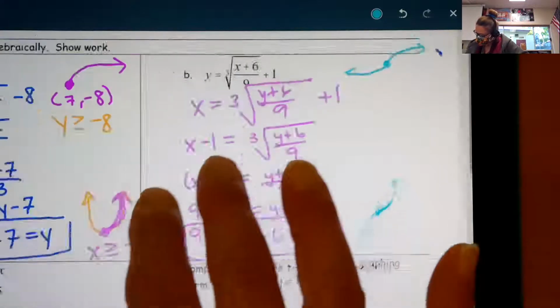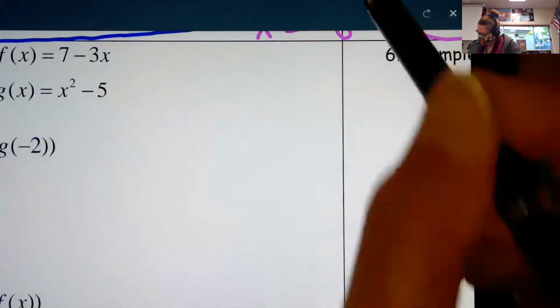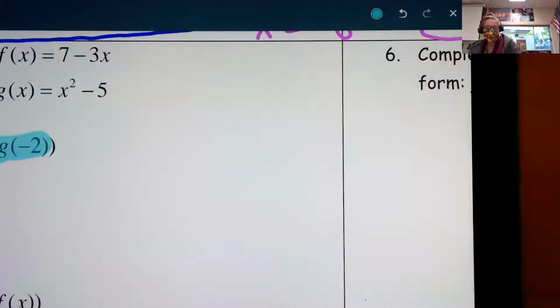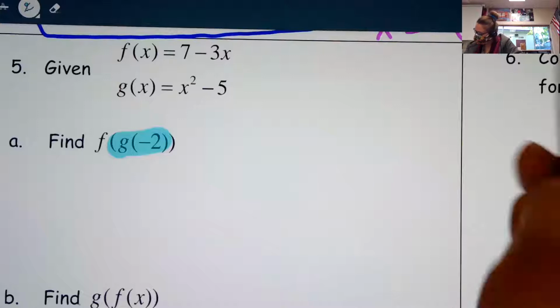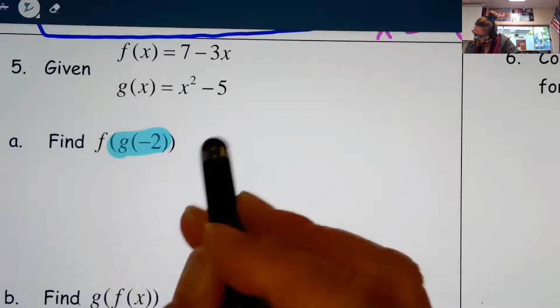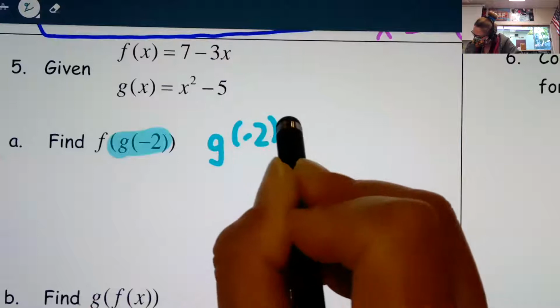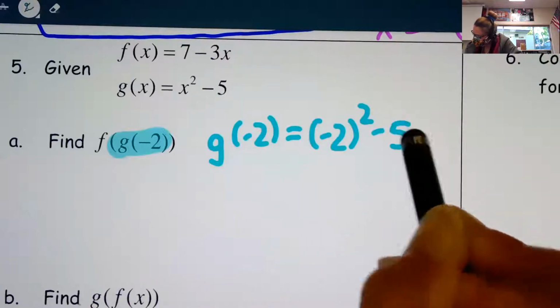Okay, composition of functions. So we always start from our inside out. So I'm going to be working out this first. I'm going to be working out g of -2, and g of -2 is going to be -2 squared minus 5.